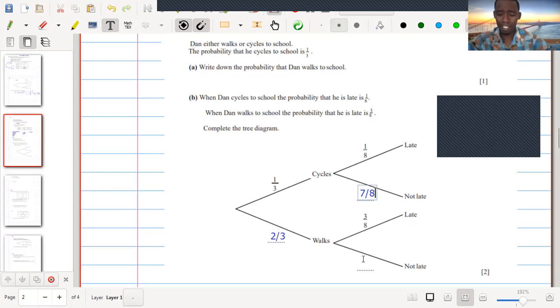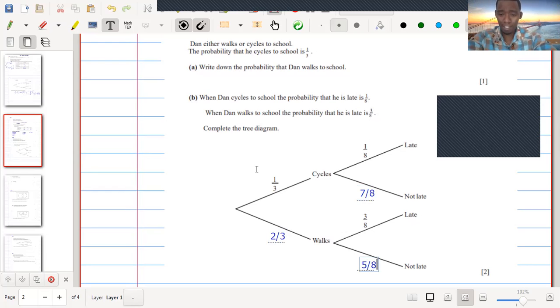Okay, next. Here I have 3 over 8. You can guess and tell me what I should put down here. I will take 8 minus 3, which is 5, and write 5 over 8. Very good. So now I complete my tree diagram.